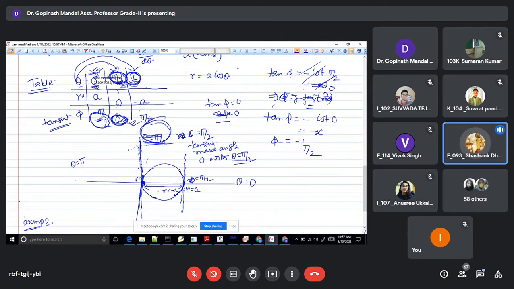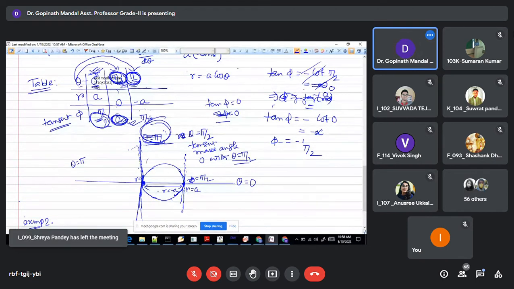So please explain that r equal to minus a step once again. That r equal to minus a, right? Here theta equal to 0, then theta equal to pi by 2, and theta equal to pi here also.